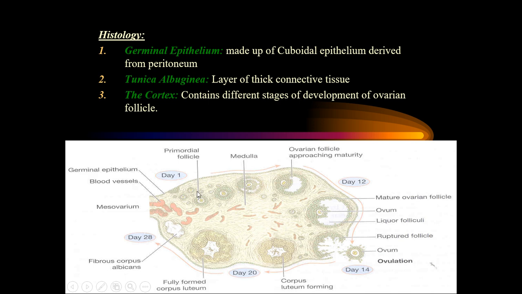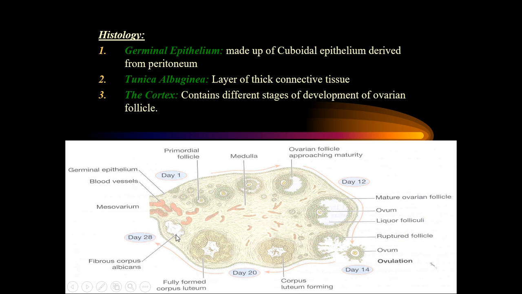So this is the cortex, and deep inside is the medulla. Here in the cortex, you can see different stages of development of the ovarian follicles. You can see the primordial follicles, then the primary follicles, then the secondary, then the mature Graafian follicles, and then they rupture, release the ovum, and then it becomes the corpus luteum. With pregnancy or lactation, then it becomes the corpus albicans, the whitish body.